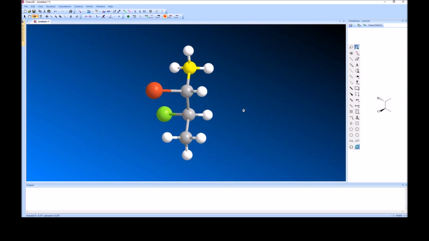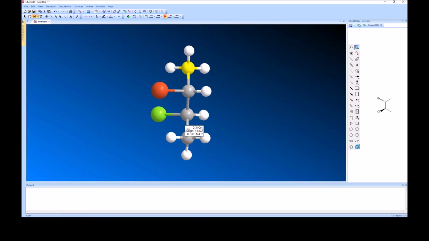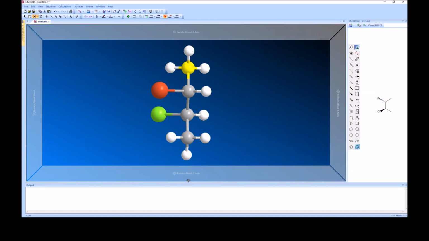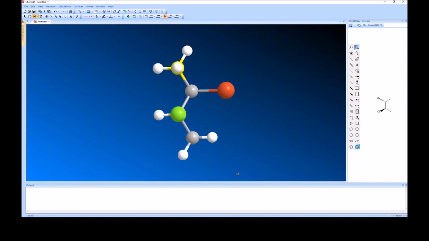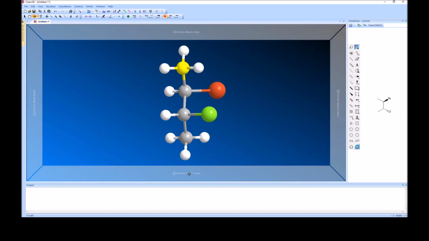And the way that I look at this matters, because if I stare at the carbon strand just like this, then the bromine is on the left-hand side and the chlorine is on the left-hand side. But if I let it spin like this, then now the bromine is on the right-hand side and the chlorine is on the right-hand side.